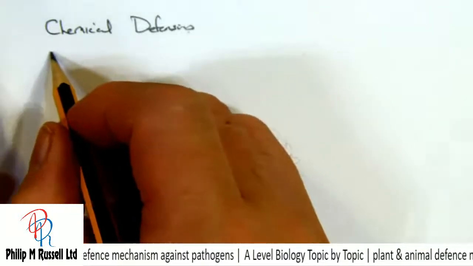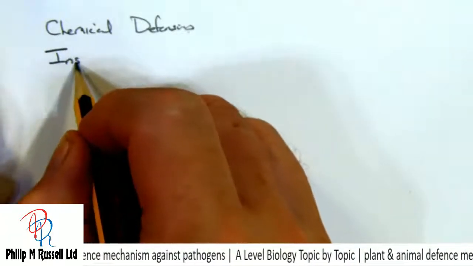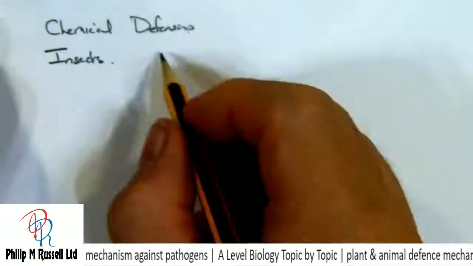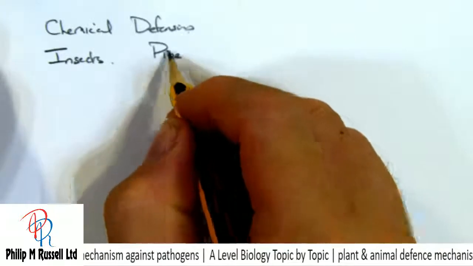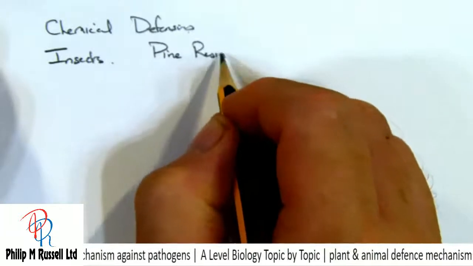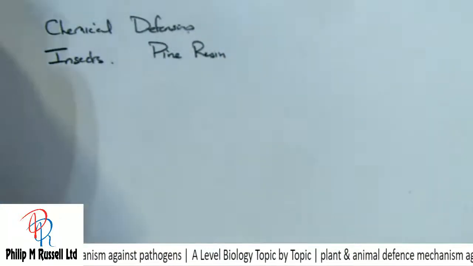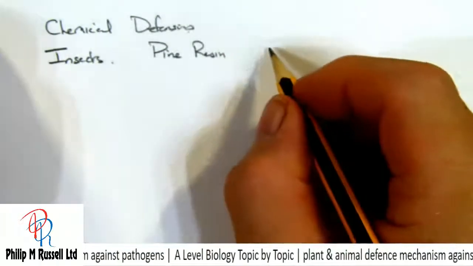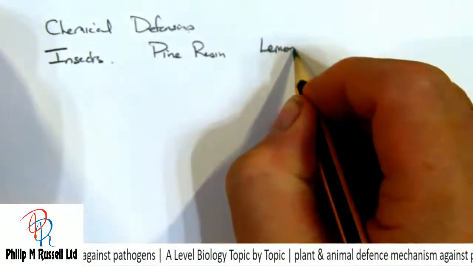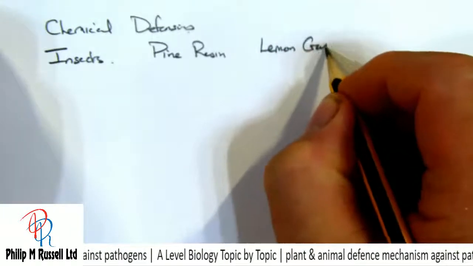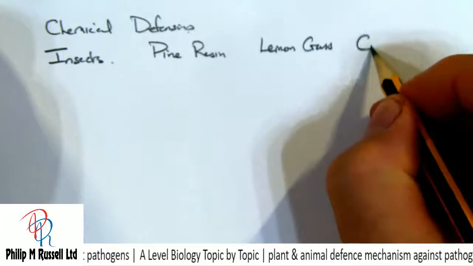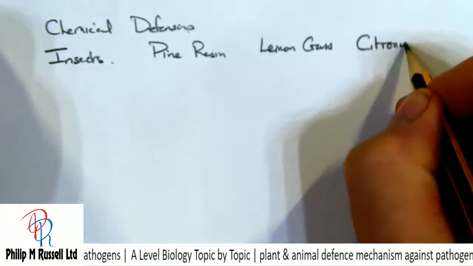The obvious chemical defences are against insects, and we've got various things like pine resin, and lemongrass produces a nice chemical here called citronella.